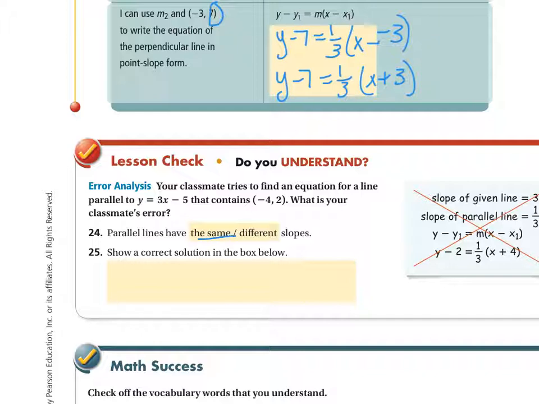So the correct solution would be to use the slope of the line, which is 3, with the new point. So we would use the y coordinate of 2 and the slope of 3, since we want it to be parallel, and the x coordinate of negative 4. And so together that makes x plus 4.